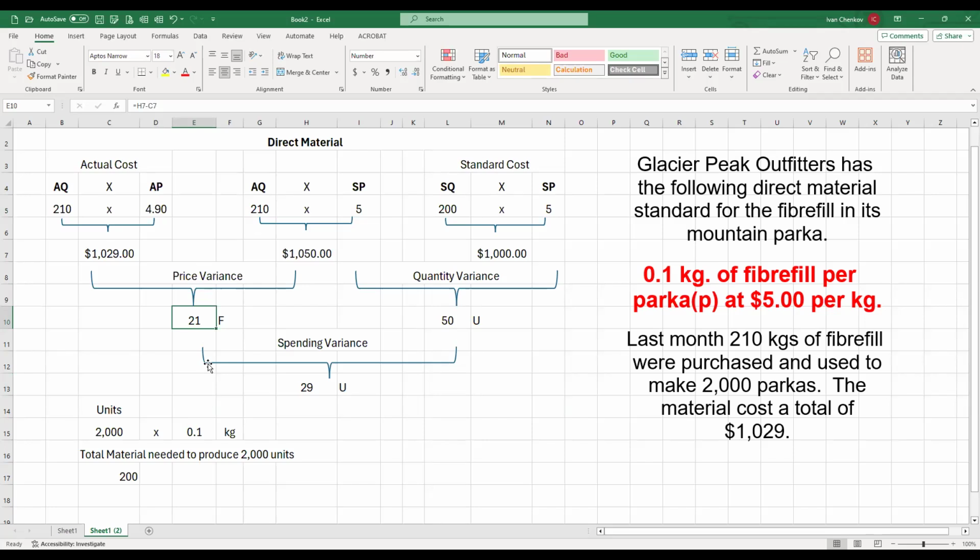That's another way to calculate it. How are we going to get this 50? Watch this. How much is the difference in the quantity? 10 kilograms. Times $5, $50. That's another way to get it. Make sense?